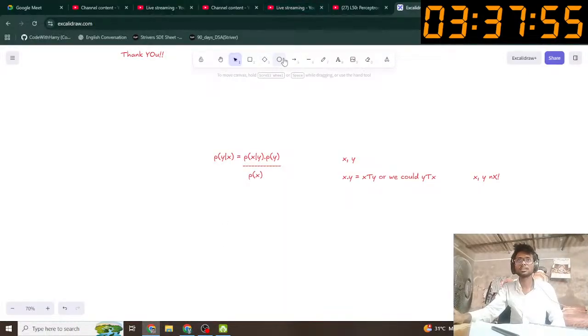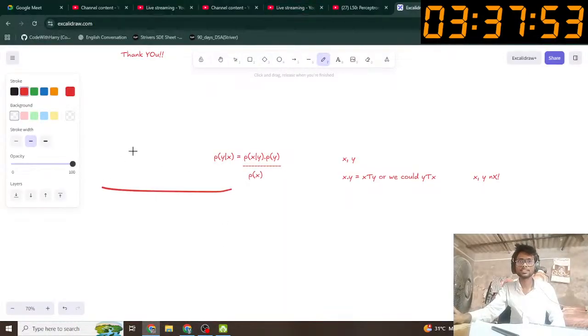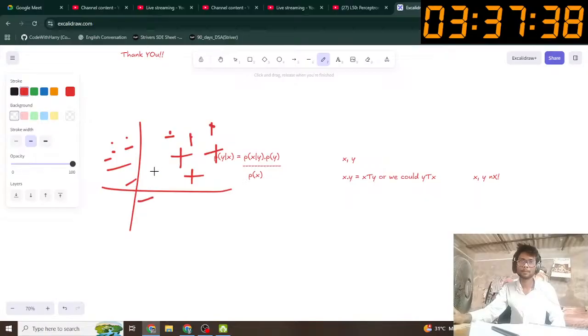Let's say there is a data set, right? Let's say there are some positive data points right here, and let's say there are some negative data points right there, right?